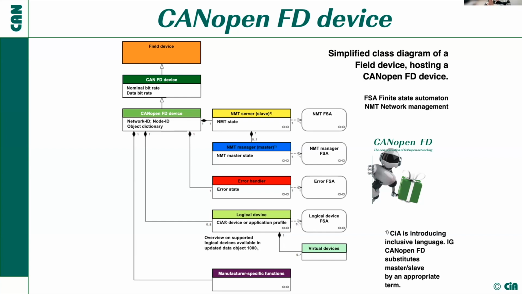This is in fact not really new, because also for CANopen Classic we have network IDs in the extension 302, but now we have it in 301, as well as some manager functionality or master functionality taken from the 302, also to be considered now in the basic document for CAN-OpenFD, so that we can clarify some things like when does a manager device start with its activities and so on.